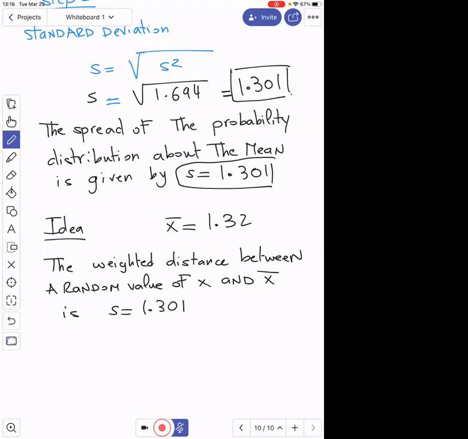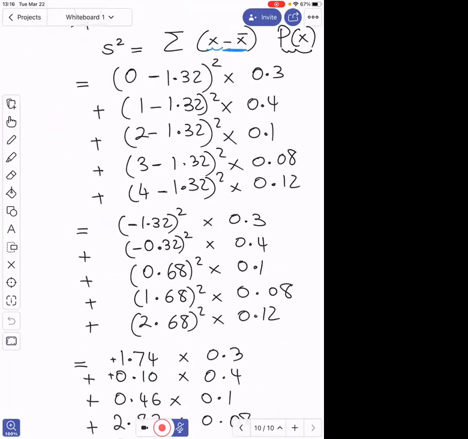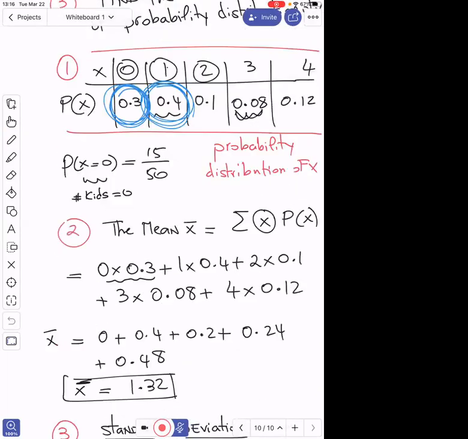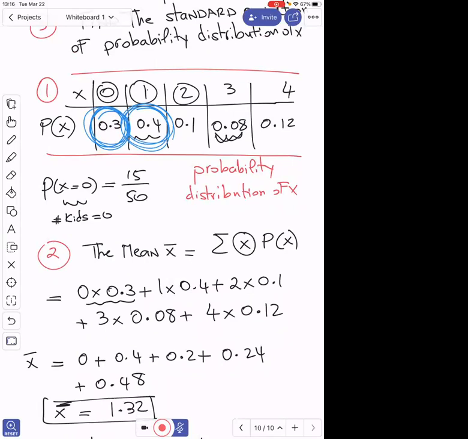Of course, x can be 0, 1, 2, 3, 4, right? But the values of x are not worth the same thing.